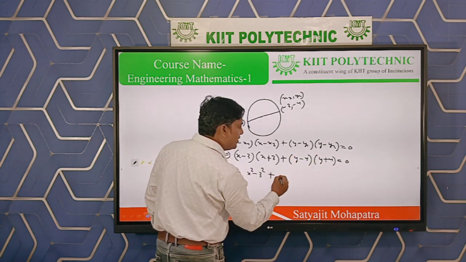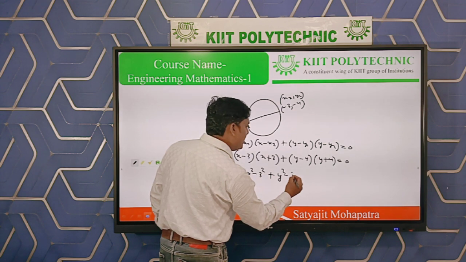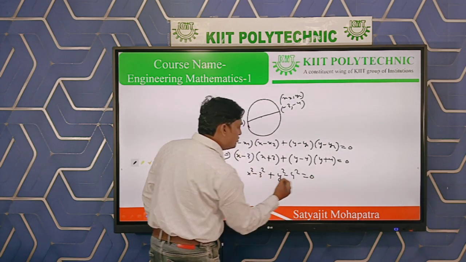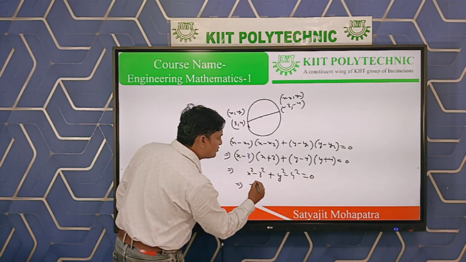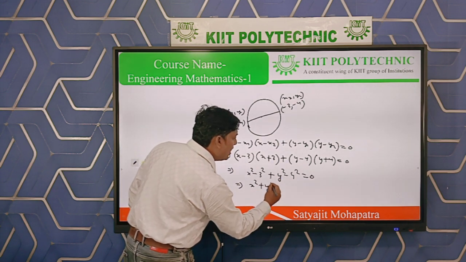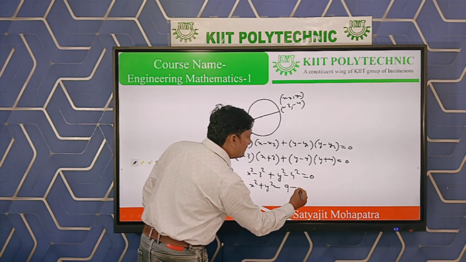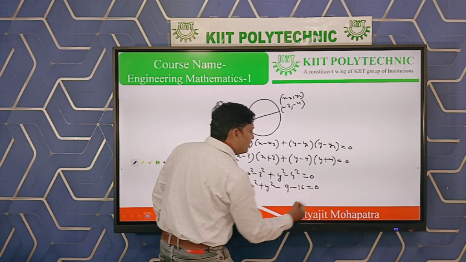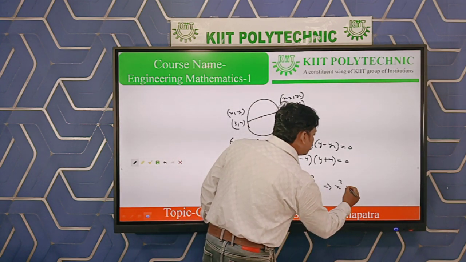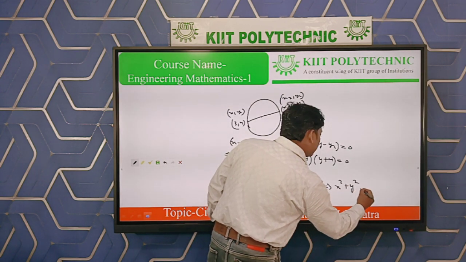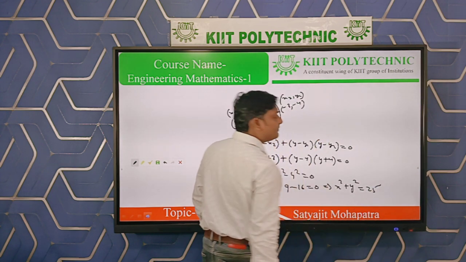So x square plus y square minus 9 minus 16 equals 0, which finally gives us x square plus y square is equal to 25.